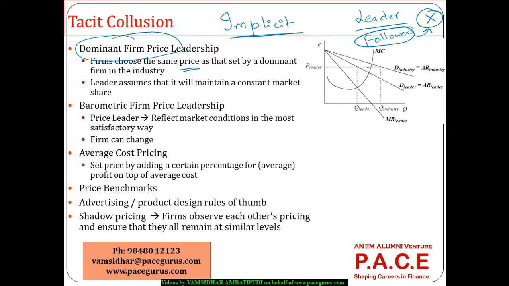And the leader here is assuming that a constant market share is going to be maintained. His market share will not increase or decrease. No new players are going to come into the market. So as long as that assumption holds, whatever strategy is followed by the dominant firm, it is very much possible that all the followers are going to follow the same.